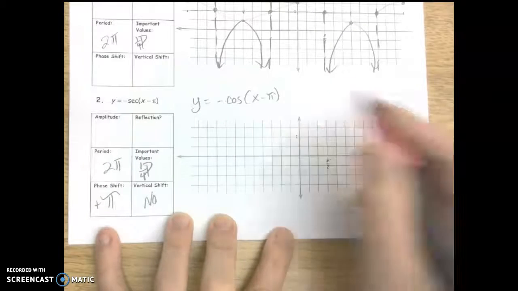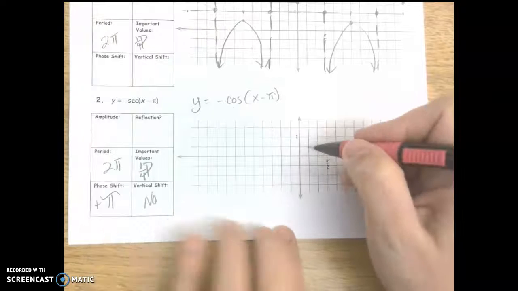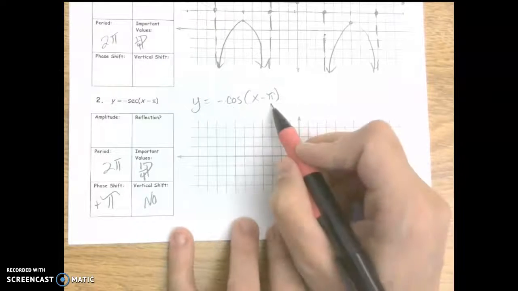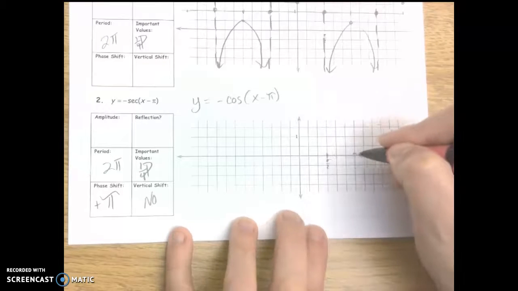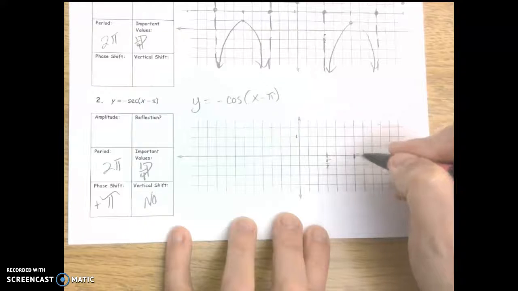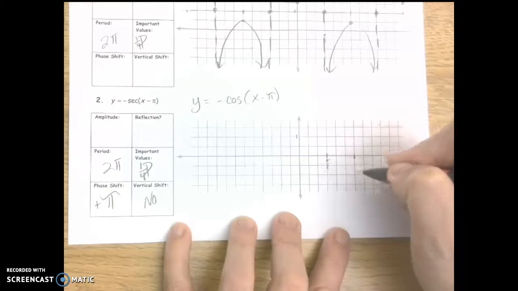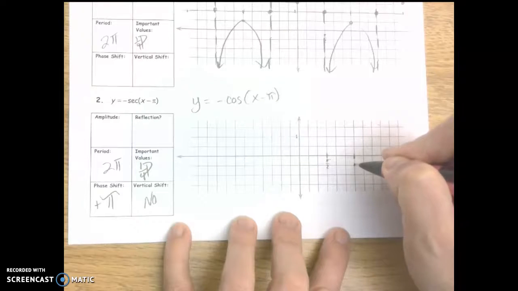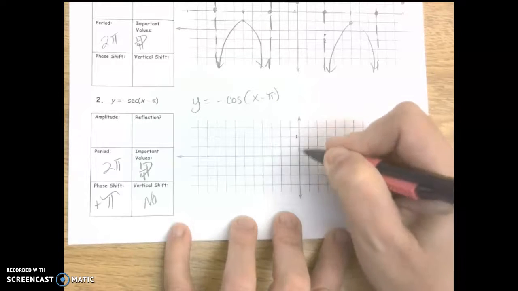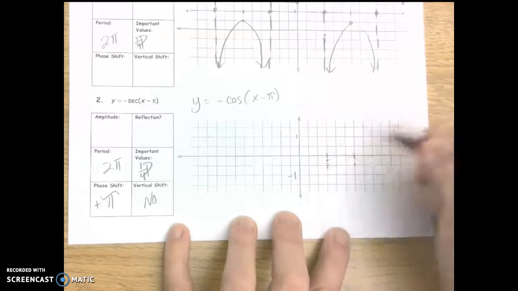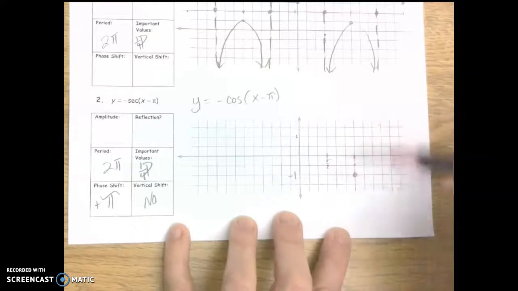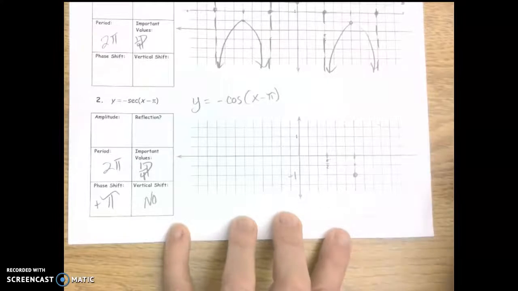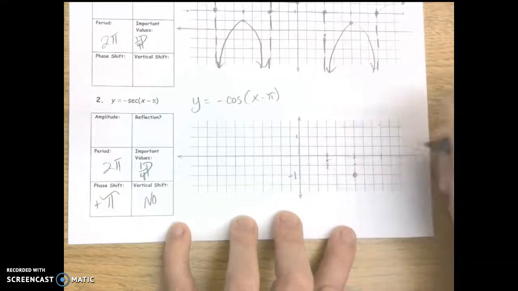The amplitude here of cosine would be 1. So I'm going to start at pi, so that's pi over 2, and that's pi, and I'm going to start at the minimum of negative 1. So here's 1, here's negative 1. And then of course every quarter period.